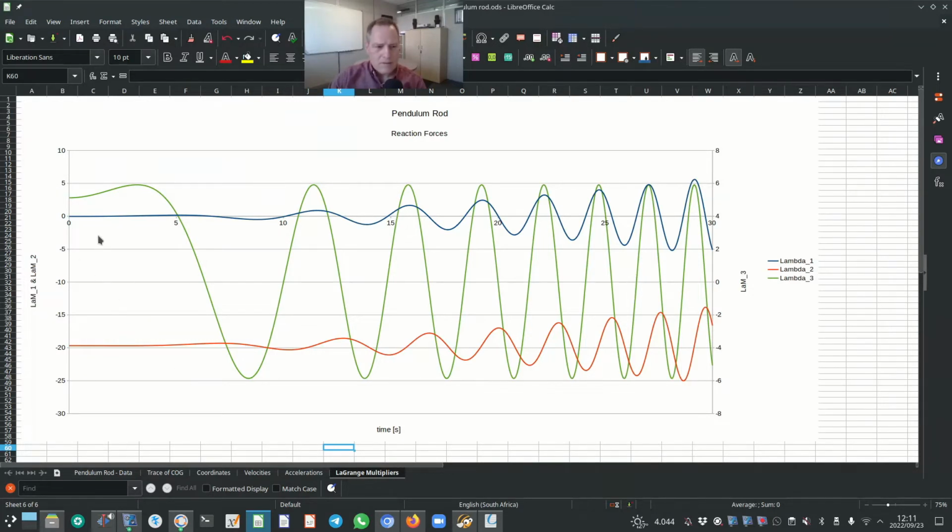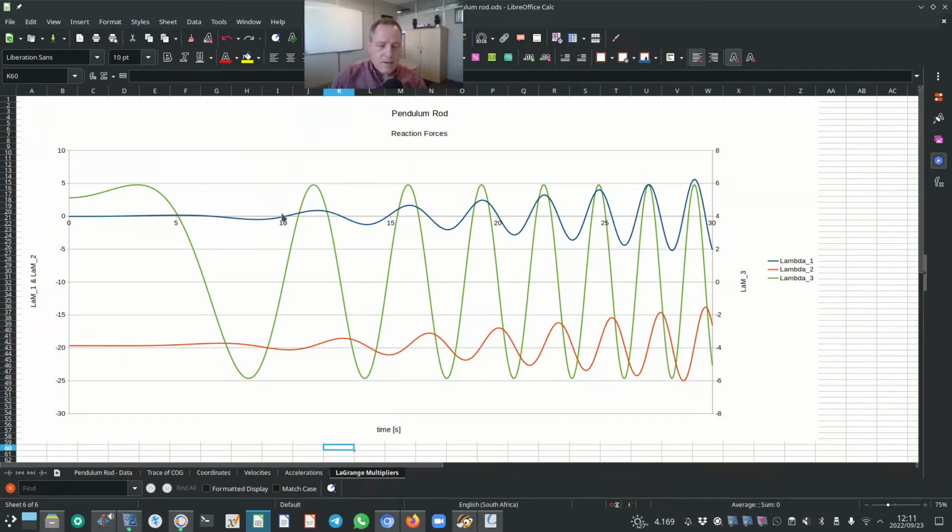Right. So what we see is we start with initial values for Lagrange multipliers 1 and 2. It then starts oscillating. The amplitude of oscillation increases and the period of oscillation decreases as we progress from 0 to 30 seconds. Okay.